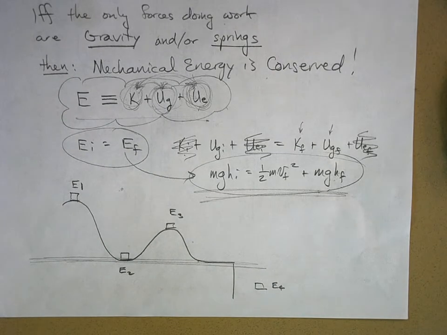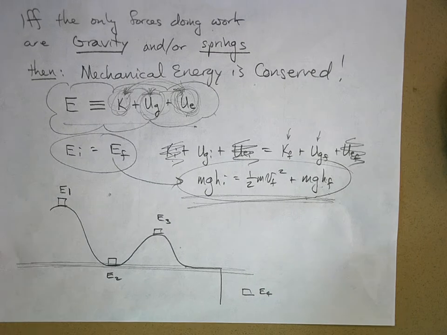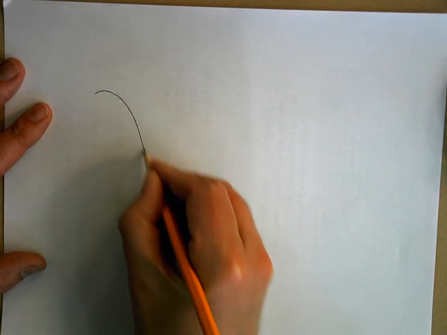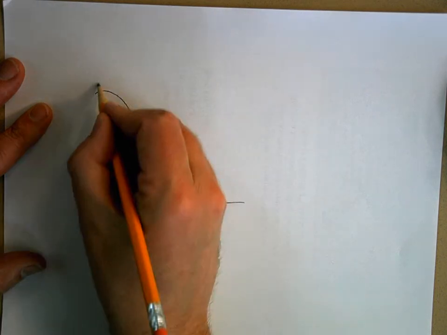Now, what if you do have friction in your problem? What if you do have something that's adding or taking away energy from your system? I might add, like in the typical problem I'm going to give you, very similar to the starter problem, if I have a skier at the top of a hill, okay, and here they are.